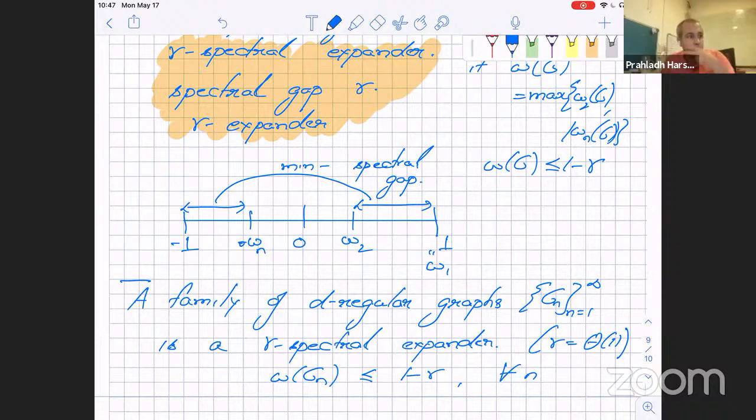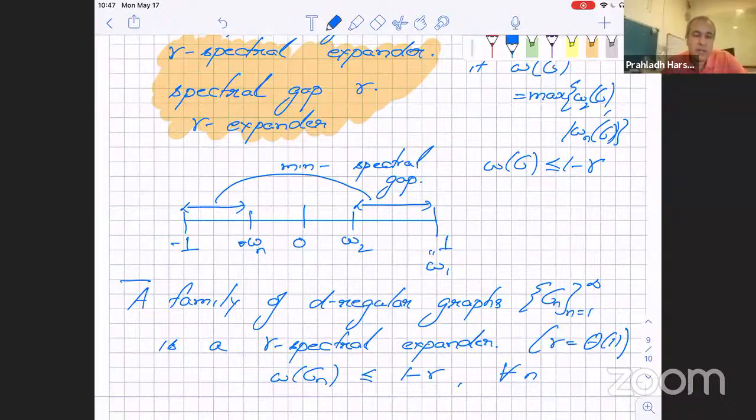So what does it tell you about the conductance? It tells you that it does not give you a graph which has conductance arbitrarily small. That's all it tells you.